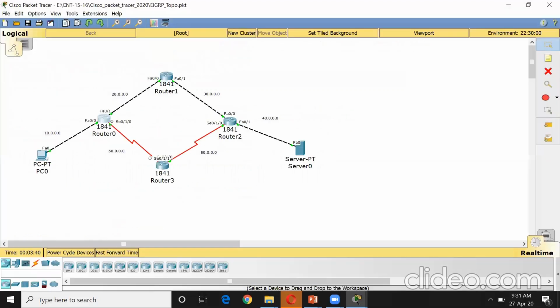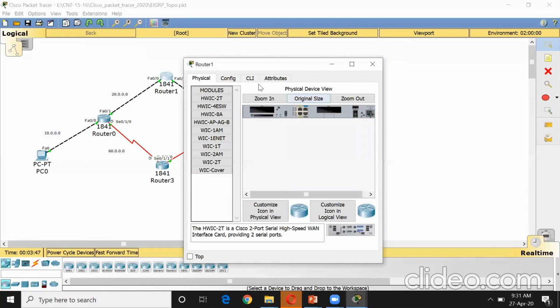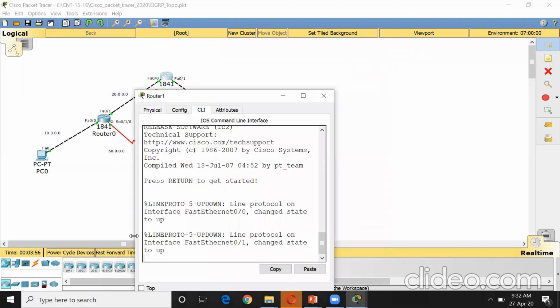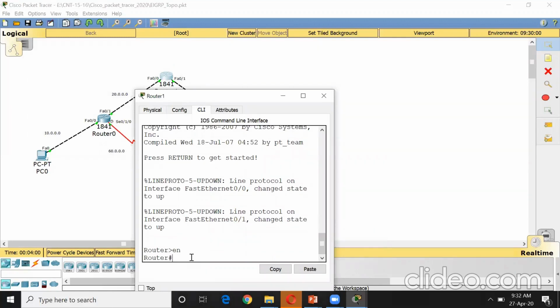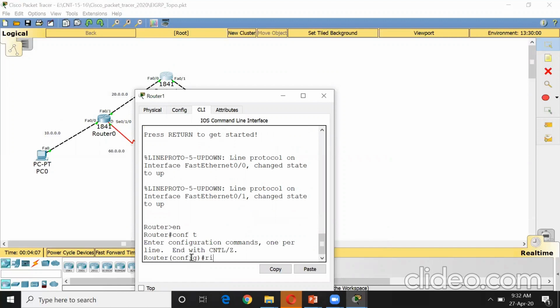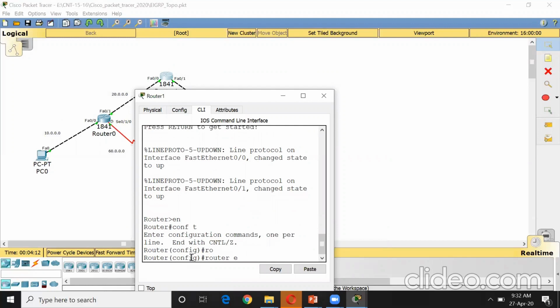Now, on this router we have configured the EIGRP protocol. The next is, again in CLI mode, repeat the same procedure: enable, then conf t for global configuration mode, then router EIGRP.